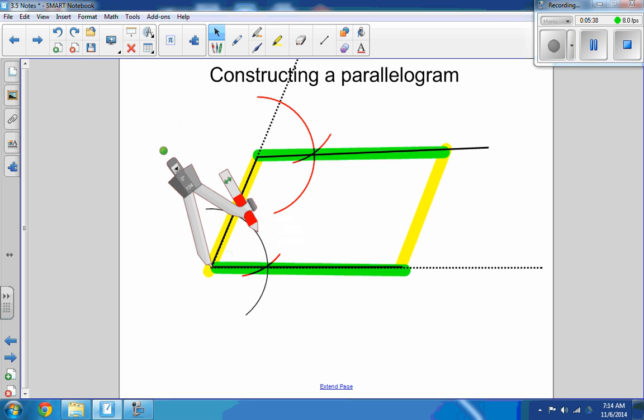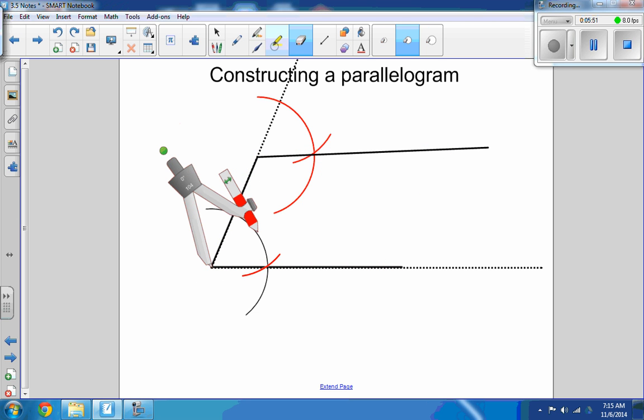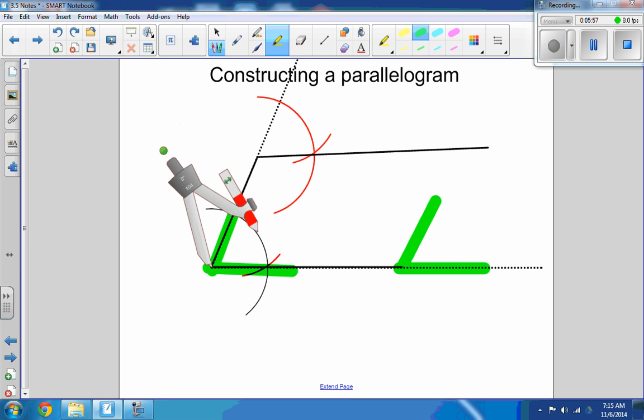So instead, we'll just recreate the angle here. I'm going to recreate this angle over here, which is basically making parallel lines. I'm going to do the same thing I've been doing. So let's go ahead and do that.